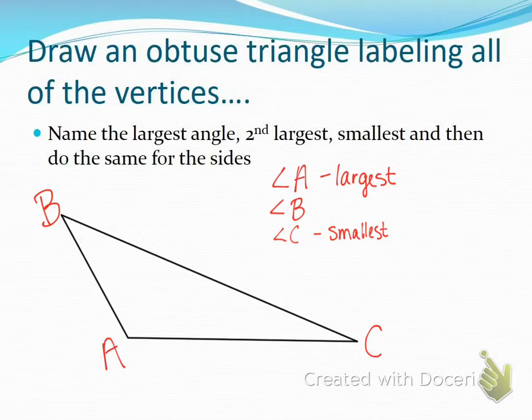So what is my longest side? BC is the longest side. What about the second longest? AC. And what about the shortest? AB is the shortest side.